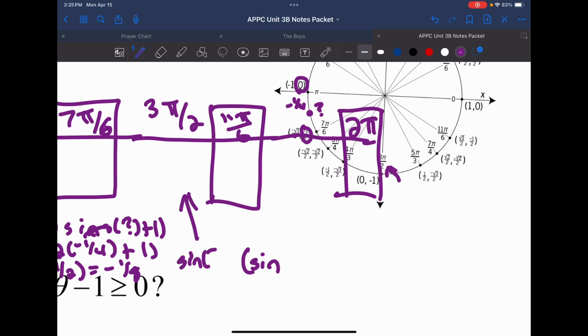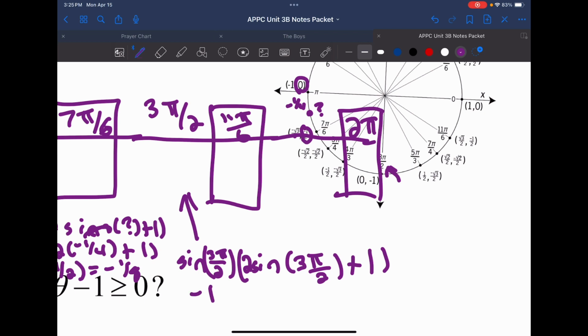Sine of 3 pi over 2 times 2 sine 3 pi over 2 plus 1. That gives me negative 1 times 2 times negative 1 plus 1, which is negative 1 times negative 1. So that's a positive 1.